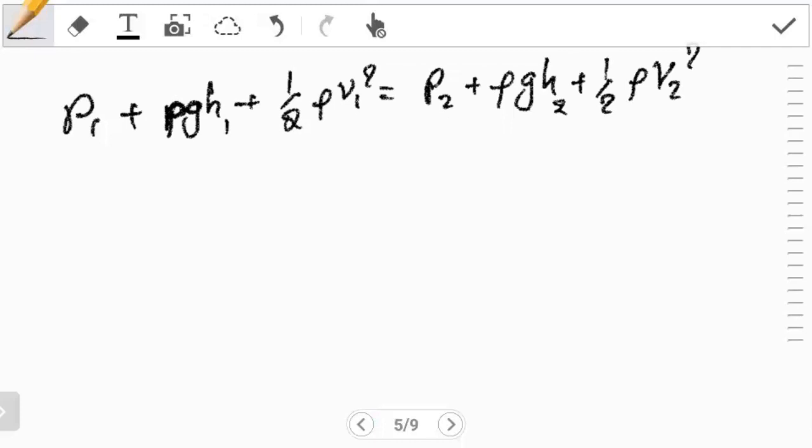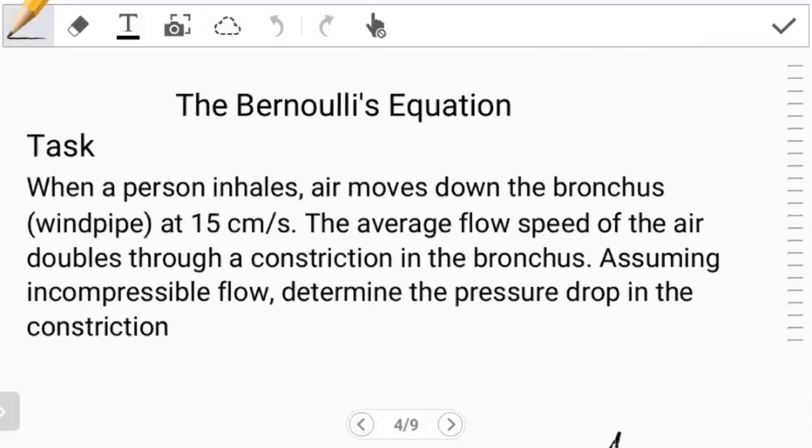If you don't have it, you can just try to get where it is. Okay, so here we're talking about a person who inhales air. So let's quickly go through it so that you guys will have it. When a person inhales air, air moves down the bronchus at 15 centimeters per second. The average flow speed of the air doubles through the constriction of the bronchus.